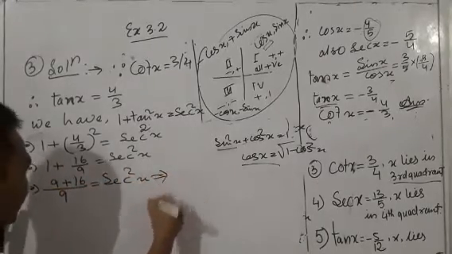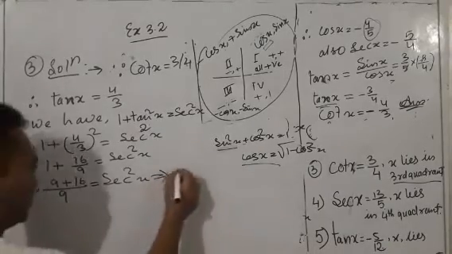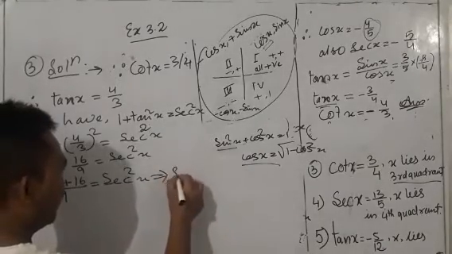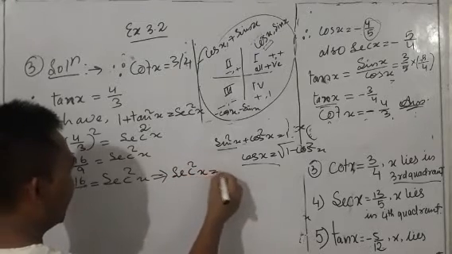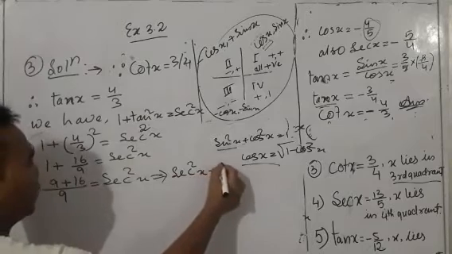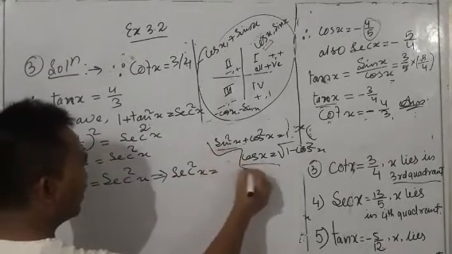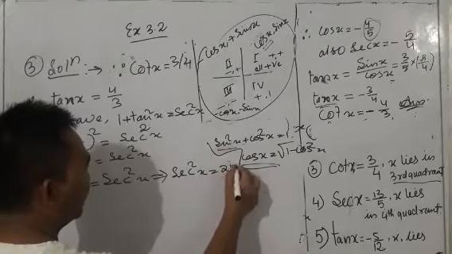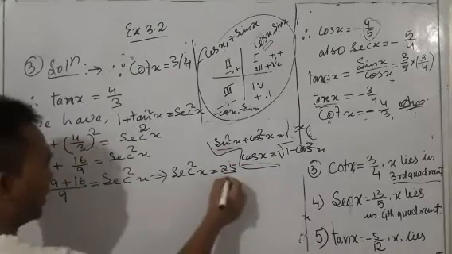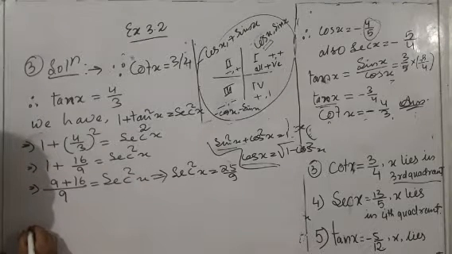So 9 plus 16 is what? 25. Sec square x equals 25 upon 9. Now find the square root of sec square x.